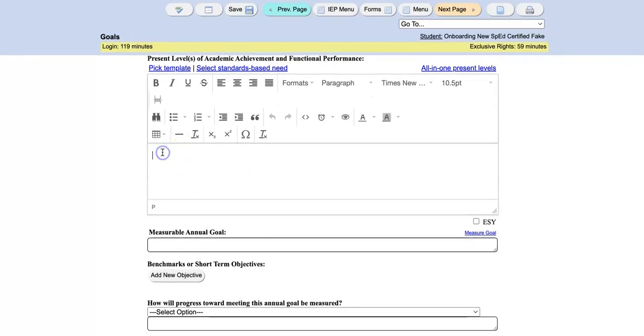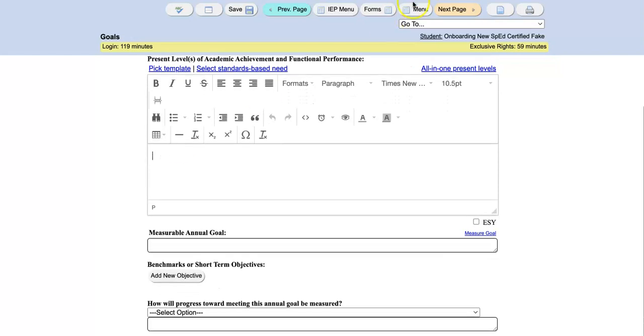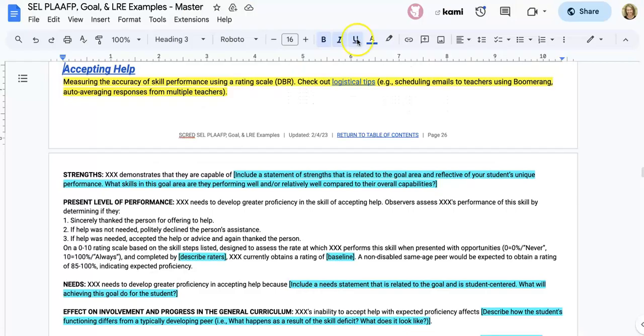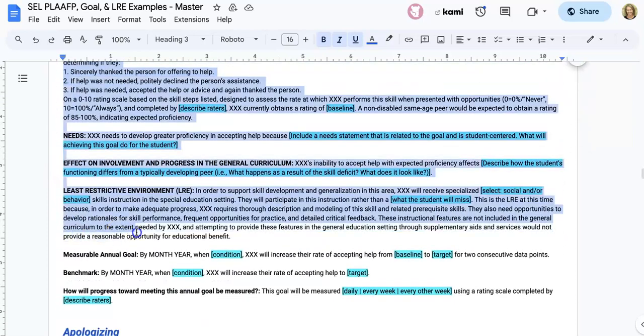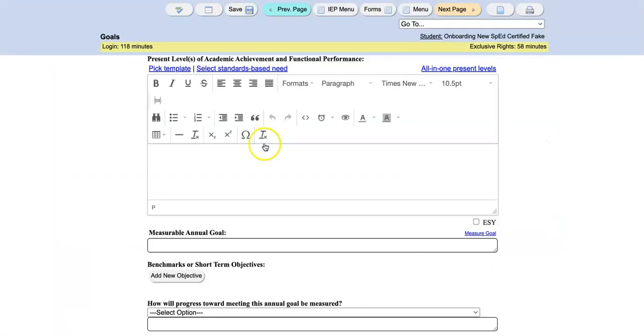And then the PLAF, or the general information about how my student is doing, is also located here. So I'm going to highlight this information all the way up to the area where I see measurable annual goal. I am going to copy it, and then I'm going to bring it over here and paste that in.